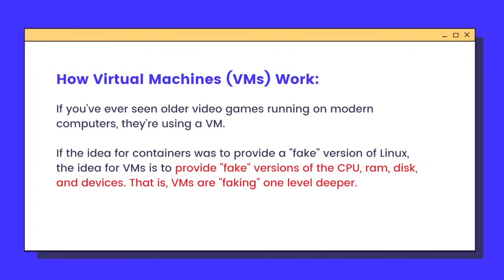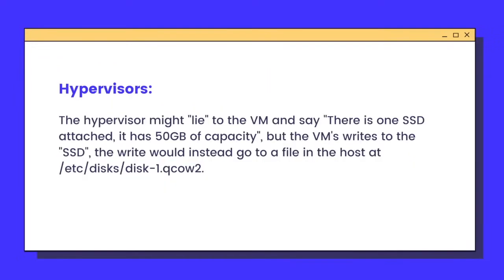The VM equivalent of Docker is called a hypervisor. It's the program which is in charge of creating the VMs. So when a VM is running something, it corresponds to an instance of the hypervisor within Linux. The hypervisor might lie to the VM and say there's one SSD attached, so there's one drive attached, and it has 50 gigabytes of capacity.